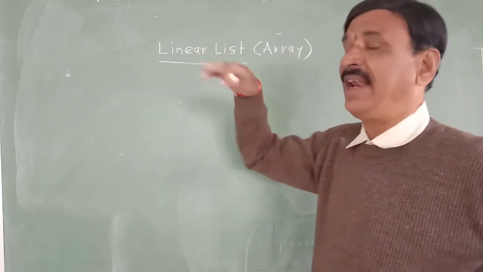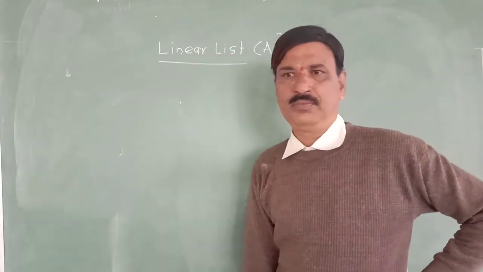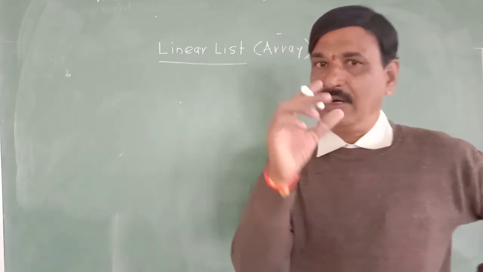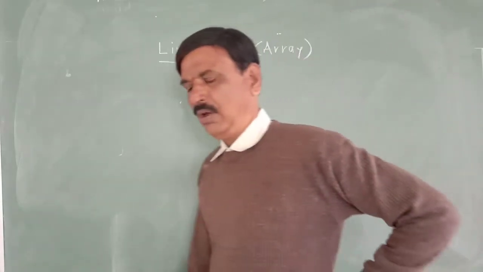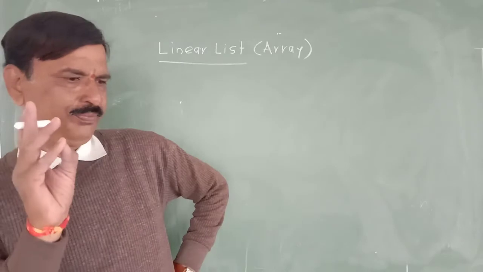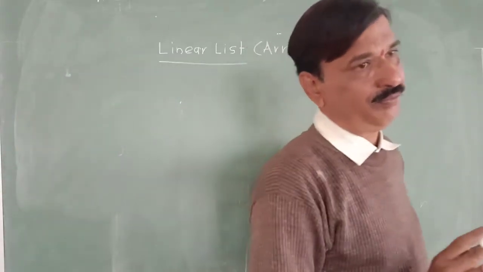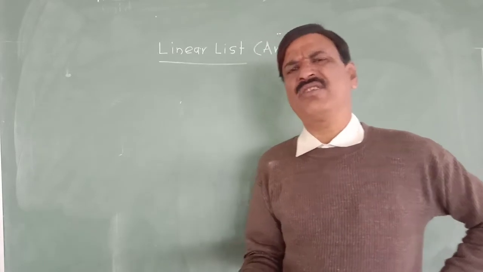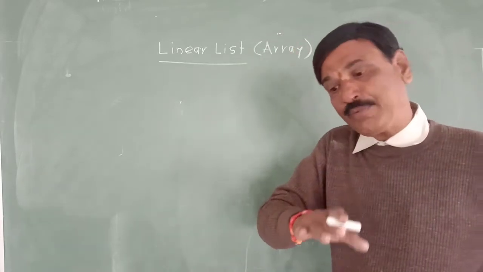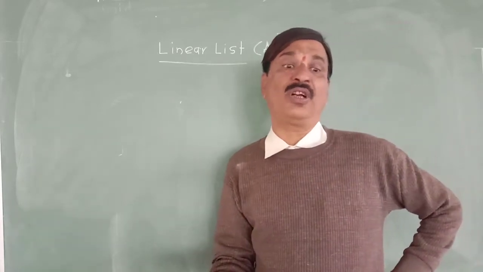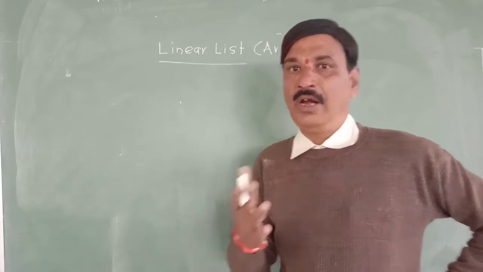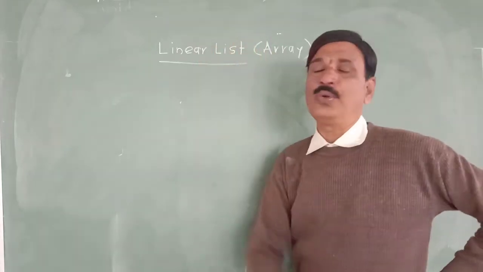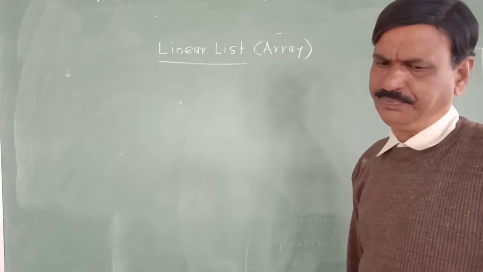Linear list is an example of one data structure. So data structure, its definition, then examples of data structures, various types of operations which can be performed on the data structures. Now the first data structure that we are going to see is linear list.